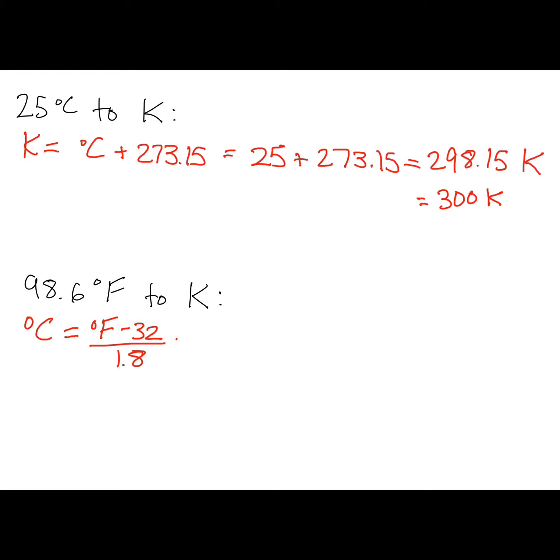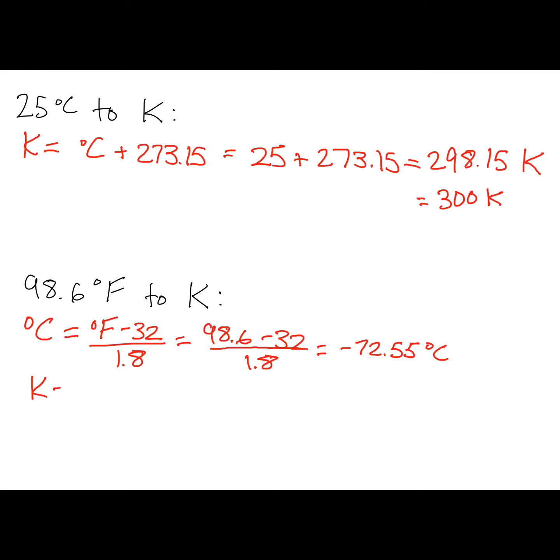So degrees Celsius is equal to 98.6 minus 32 divided by 1.8. Now when we do that math, we get negative 72.55 degrees Celsius.